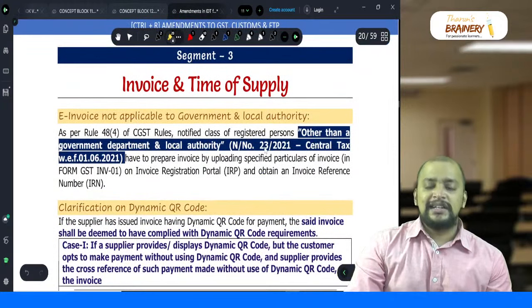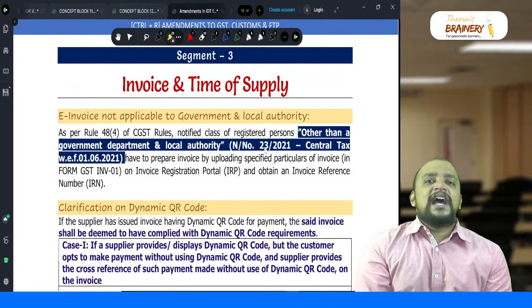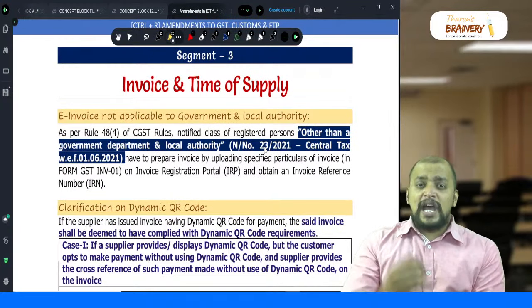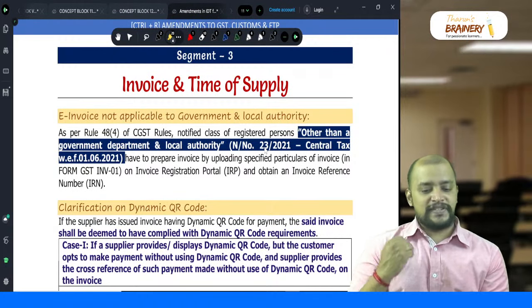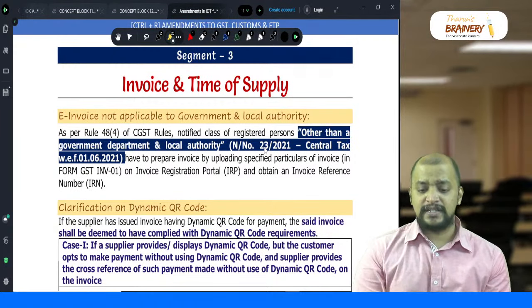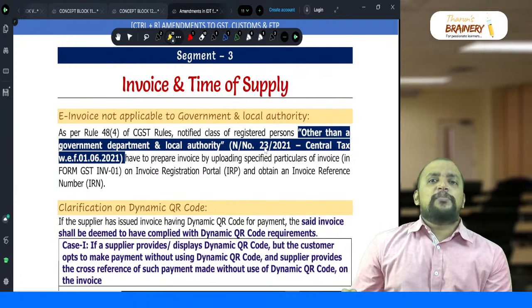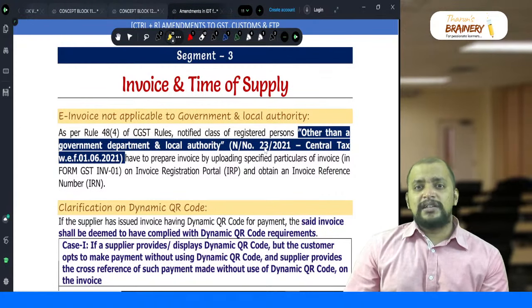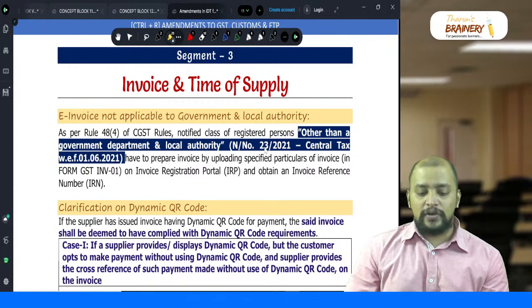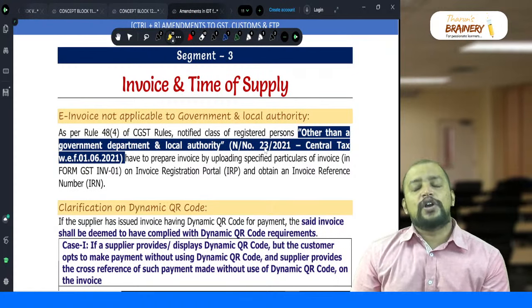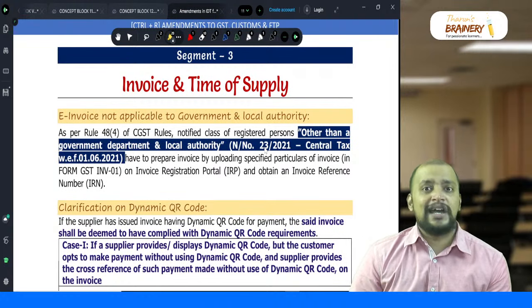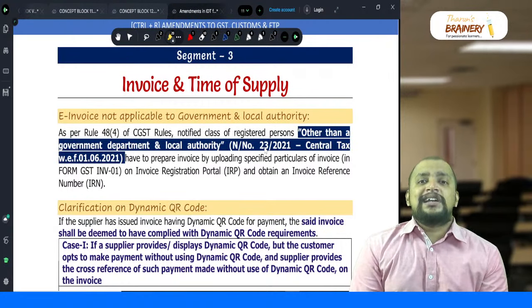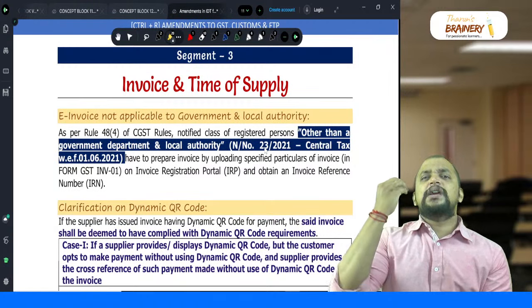Then next, these are the amendments we had in segment 2. Now the amendments in segment 3, that is invoice and time of supply. First, e-invoice not applicable to government and local authority. Same way dynamic QR code also. So already I gave you the clarity in the summary on who is required to generate an e-invoice.